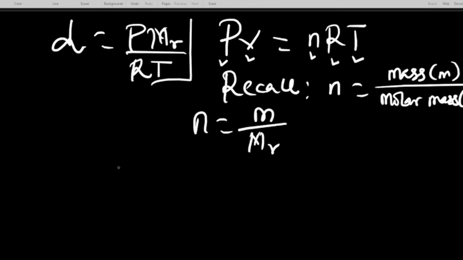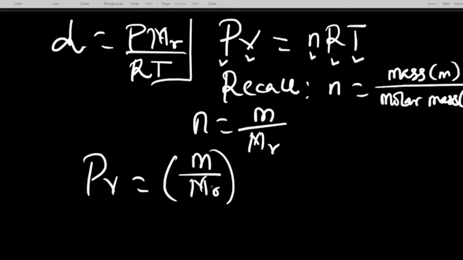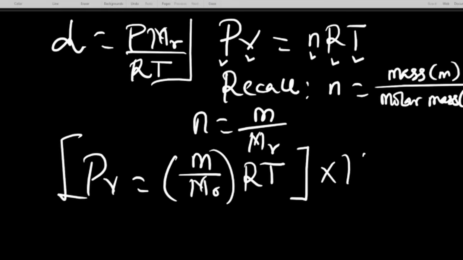Now let's do that. Here we have PV is equal to, doing the replacement, m over Mr, multiplied again by RT. Now we have a fraction on the right hand side. How do we remove this Mr from here? We simply multiply both sides by Mr. This Mr will be distributed across everything inside the bracket.